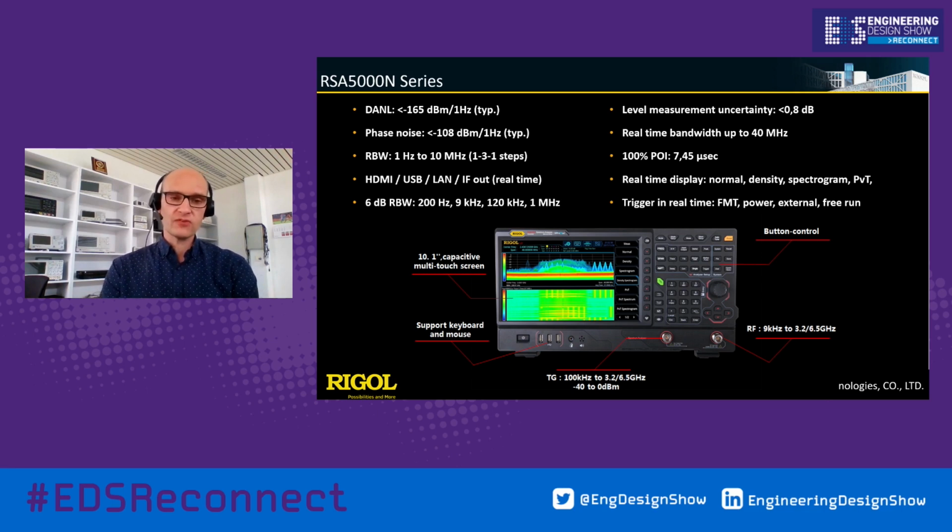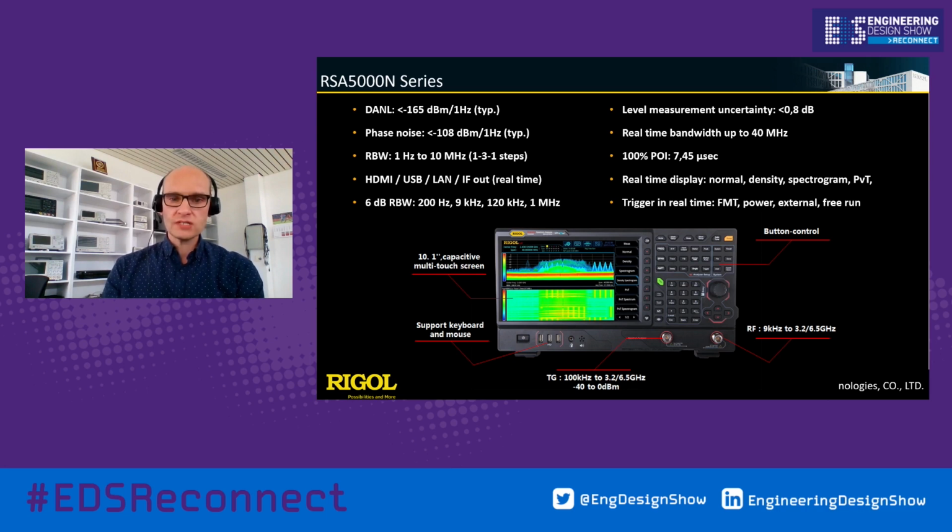We also have different interfaces like HDMI, USB, and LAN, or we can output the IF of the real-time engine. So that means we also have a real-time spectrum analyzer in this analyzer, with a bandwidth up to 40 megahertz.